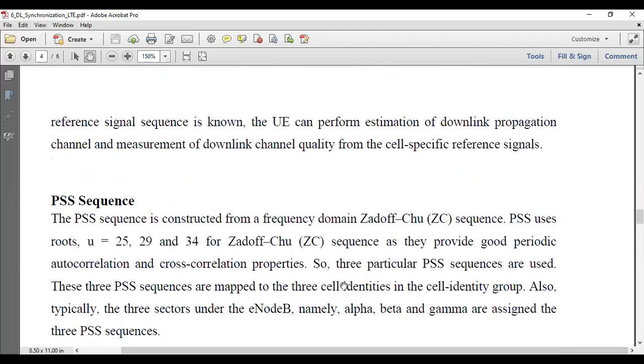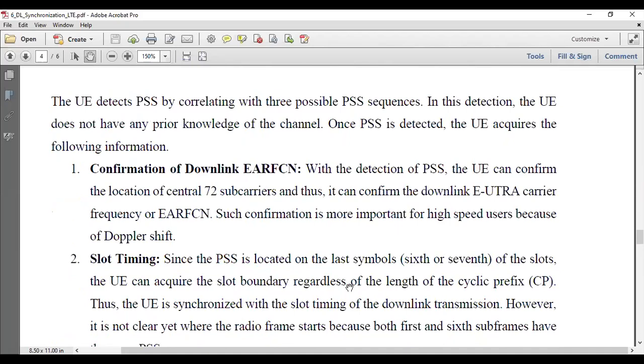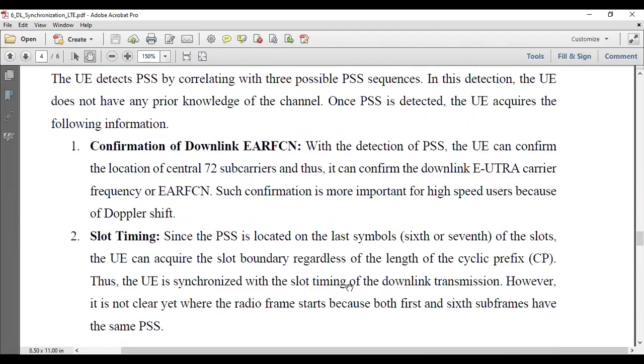So you have done this stage, and you have got four types of information. What are they? First of all, you have now confirmed that you really have some LTE transmissions there. Previously you got some energy and guessed that there might be LTE transmissions in this band.